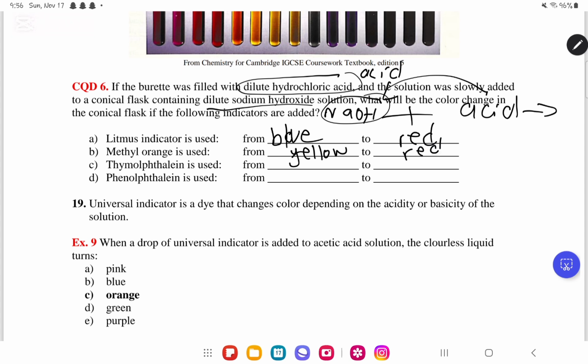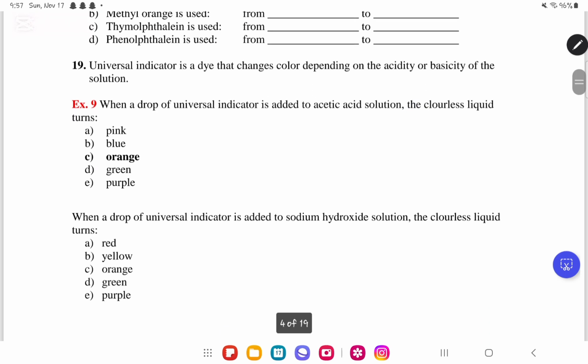Now, thymolphthalein, in a base it's going to become blue, and in an acid it is always colorless. And now finally, phenolphthalein, in a base it is pink, and in an acid it is colorless. So now this is CQD6 done.